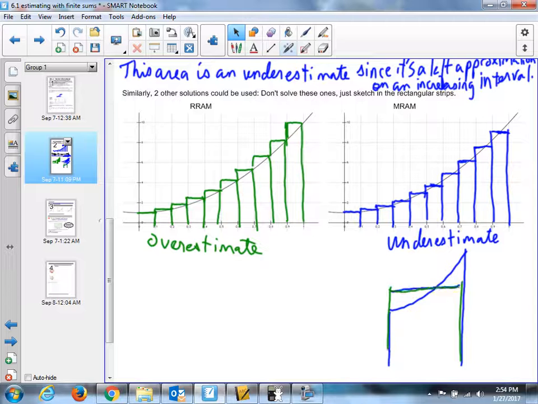Now my strip there wasn't that great, was it? Well, you would have missed out on more area. This is a slight underestimate, but it's far more accurate than the others. And that's because it's concave up. If it was concave down, as you went from left to right, but it was still increasing, it'd be an underestimate. Okay?